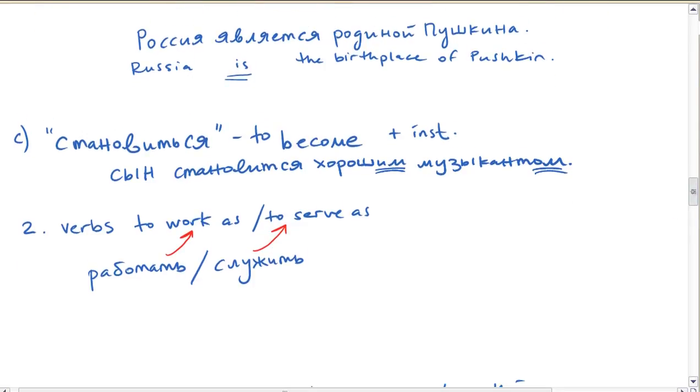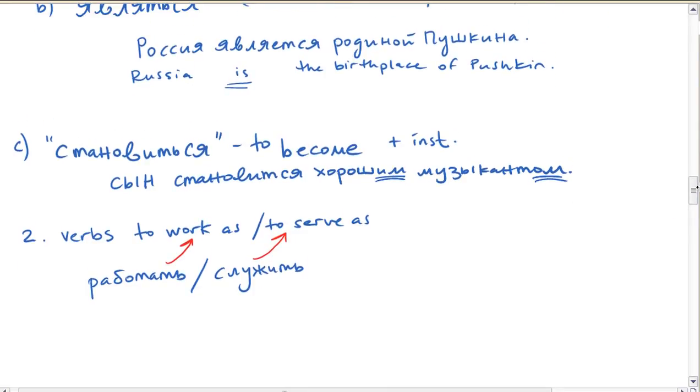So, okay, then some more verbs are the two to work as or to serve as. So whatever you're working as or serving as is going to be in the instrumental. Катя работала врачом. So Katya worked as a doctor.